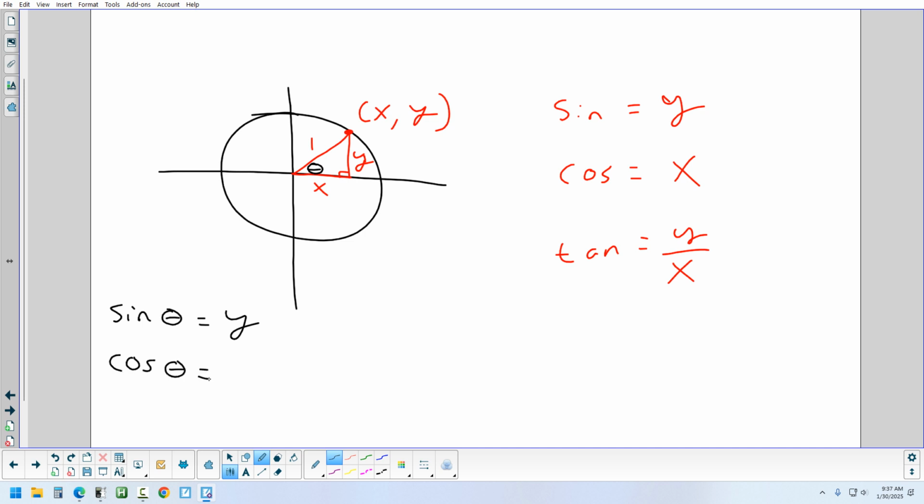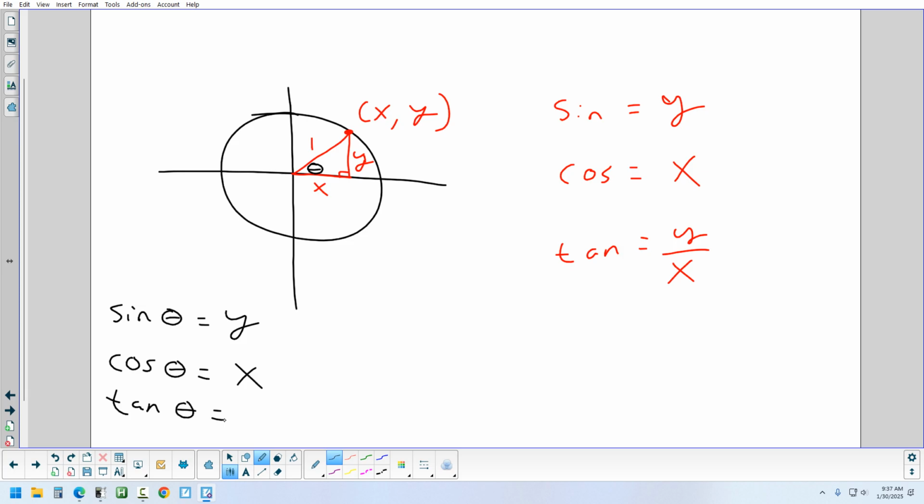Cosine is adjacent over hypotenuse. What's the adjacent in that picture? Yeah. X. And what's the hypotenuse? 1. And x divided by 1 is x. What's the definition of tangent? Yeah. Y divided by x.